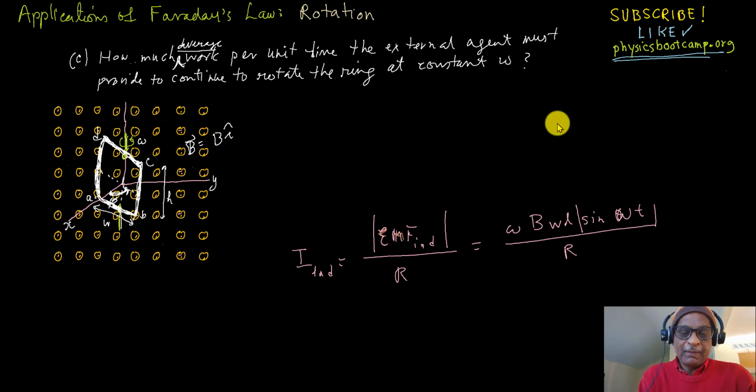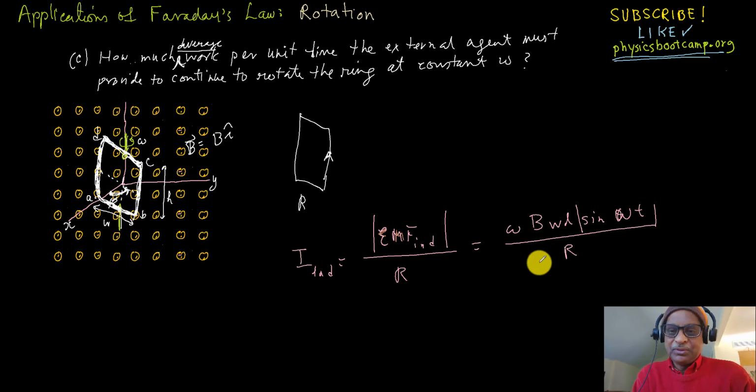Okay, so here we are facing a loop of wire. The resistance is R, and take an instant at t where the current is going that way. We just look when sine of omega t is positive, right?